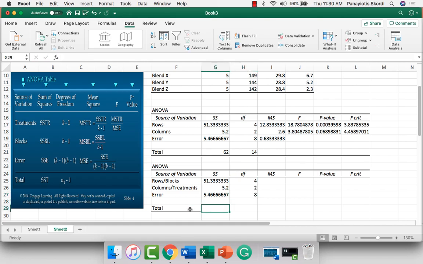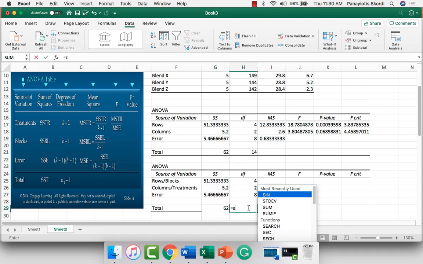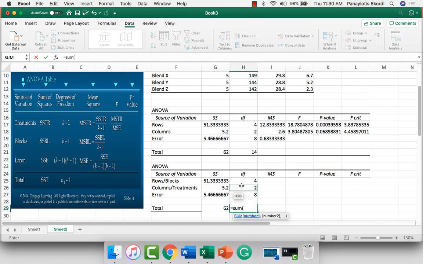And down here, the total is just going to be the sum, the sum of these. And again, 62 is replicating what we have above. And the sum, or the total here, is just going to be the sum of those.